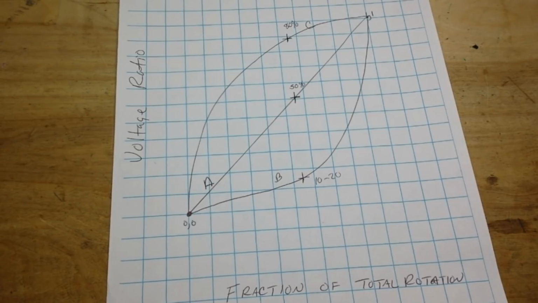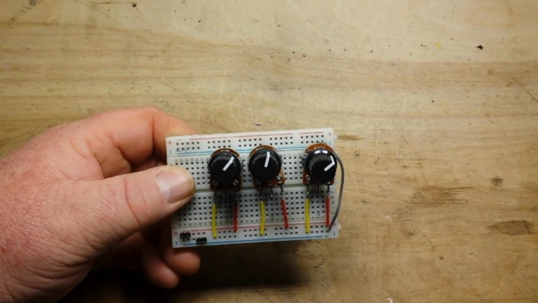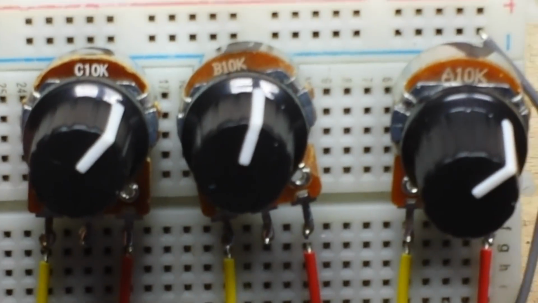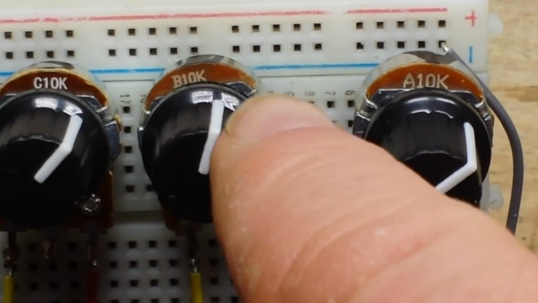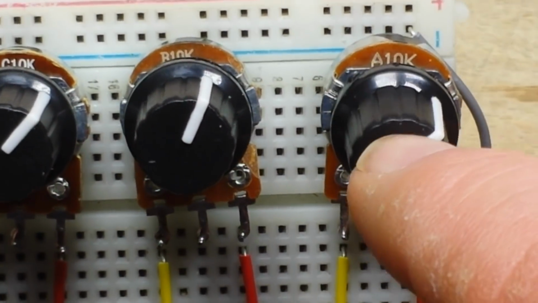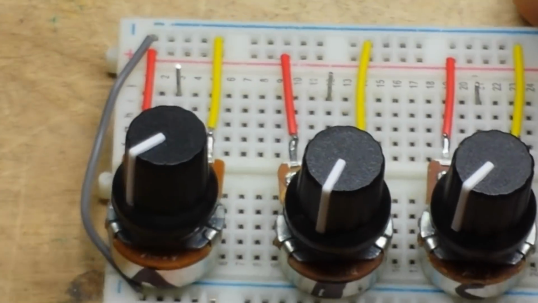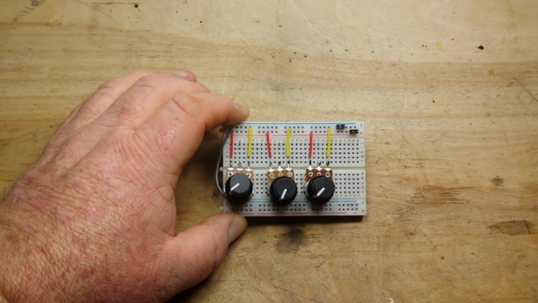I've set up a neat little demonstration for you. Let me get it set up. What I have here are 3 10K potentiometers. And if we zoom in, you can see we have the Type C, which is the reverse audio, the Type B, which is the standard audio, and the Type A, which is linear. Now I just got them set up on a standard breadboard here.